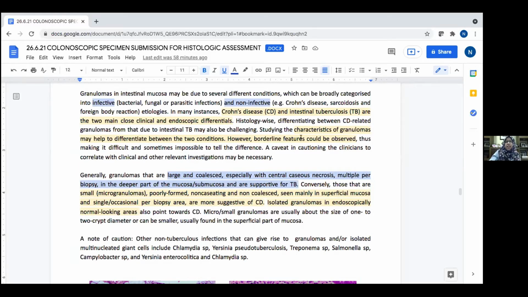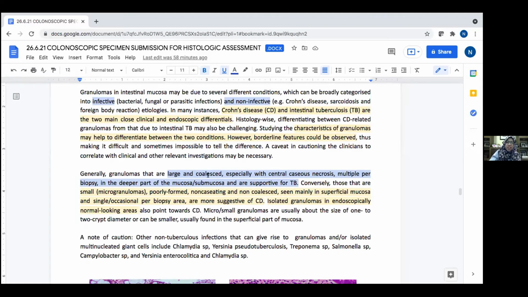Okay, so generally, granulomas that are large, coalesced with caseous necrosis, many granulomas per biopsy area, and those that are present in the deeper part of the mucosa or submucosa are supportive for TB.